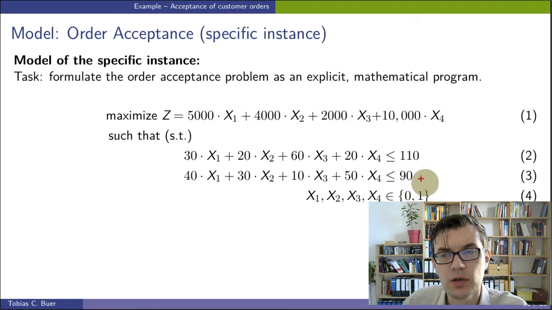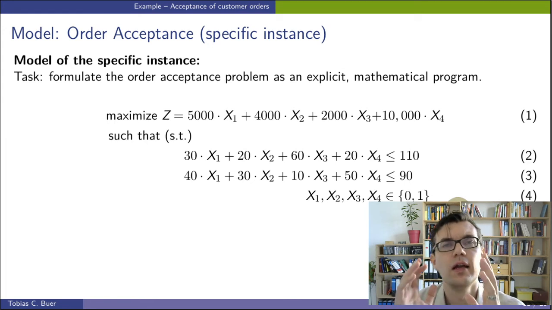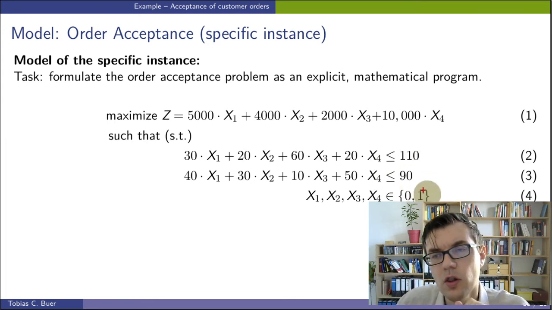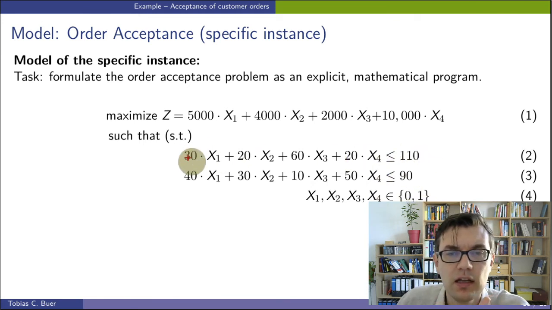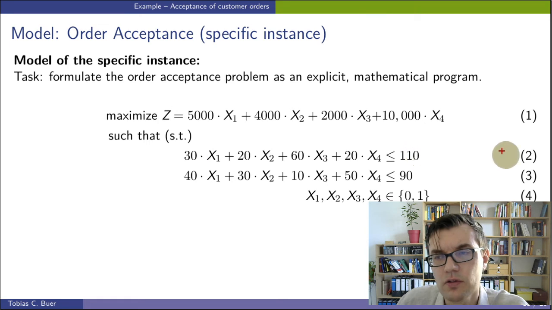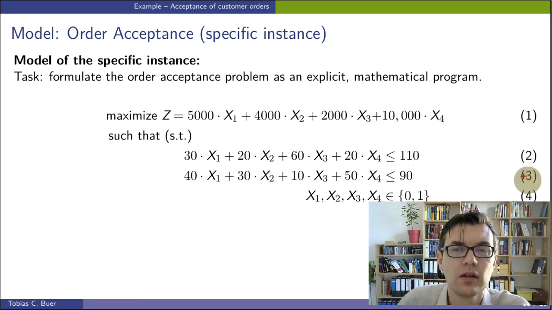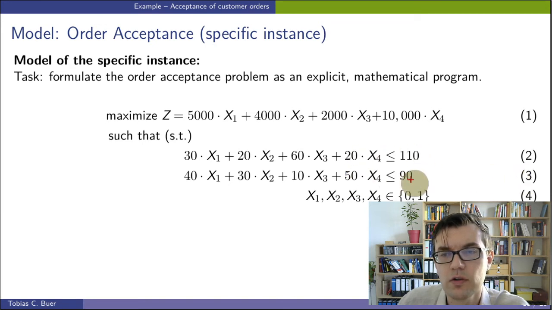For machine number 2, exactly the same is happening. And now, in order to have a feasible solution, all the constraints need to be fulfilled. It's not possible to violate constraint number 2 and fulfill constraint number 3; it's still a problem. All the constraints need to be fulfilled at the same time.